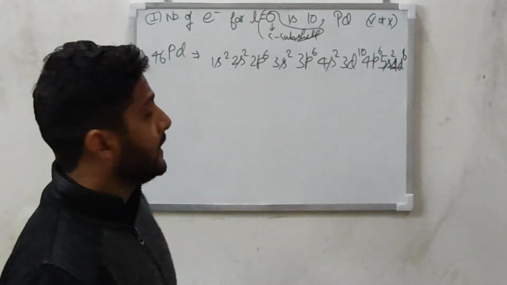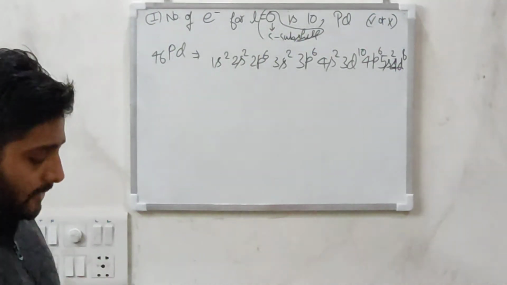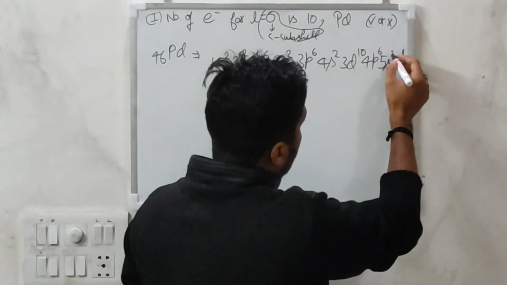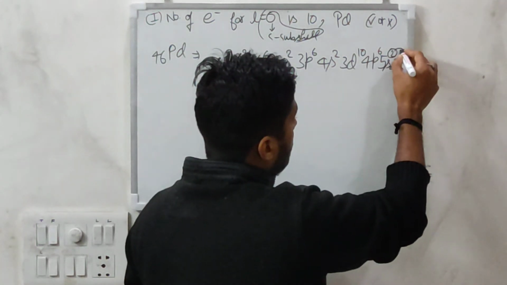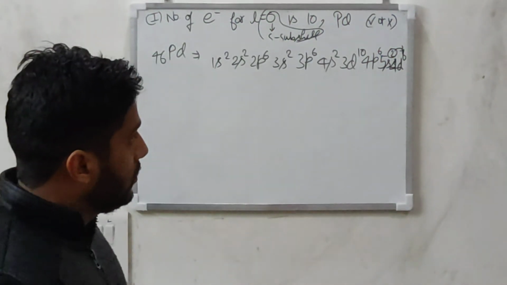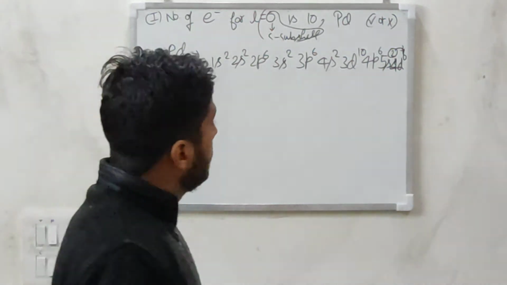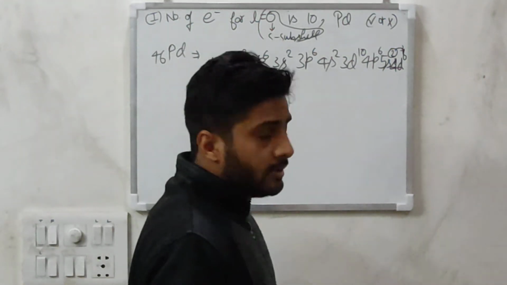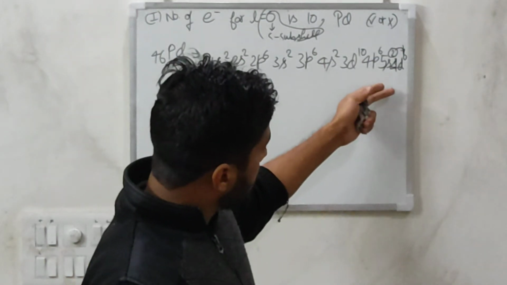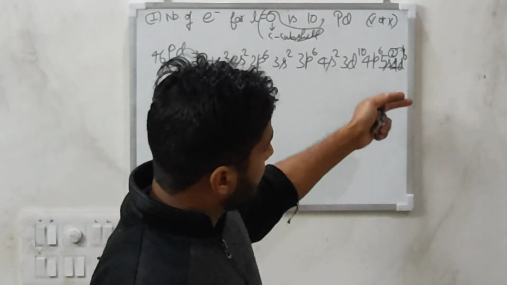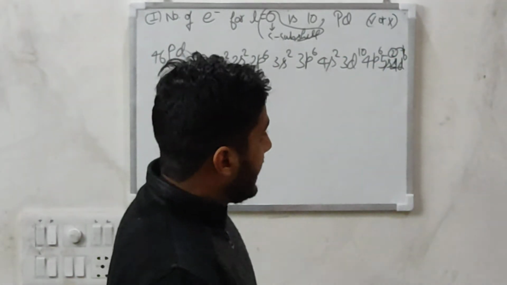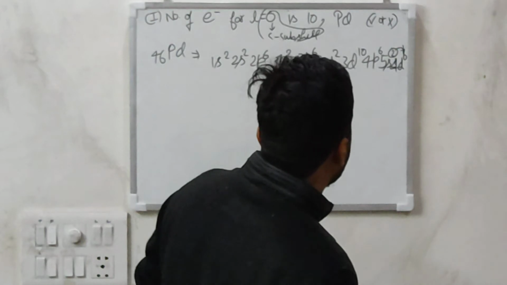That should be the electronic configuration, but actually the case is different. The 2 electrons of 5s2 jump to the 4d subshell. We know that half-filled and fully filled orbitals are more stable. So for that reason, 2 electrons from the s subshell jump to the 4d subshell, and that stabilizes palladium more.